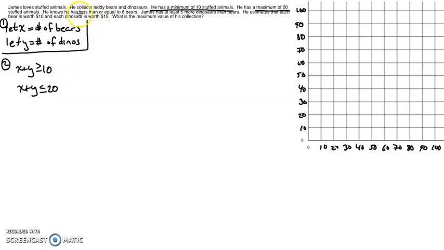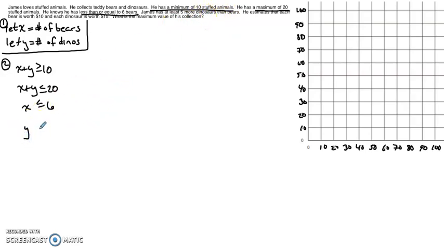Next sentence, he has less than or equal to 6 bears. We're only talking about bears here, so we have x less than or equal to 6. Here's our most complicated sentence. He has at least 5 more dinosaurs than bears. We're comparing dinosaurs and bears, and dinosaurs comes first, so I'll write y.